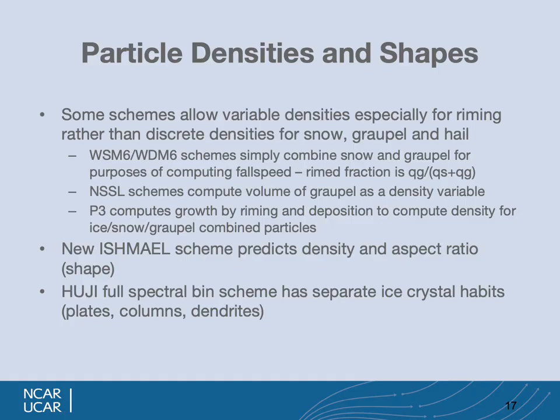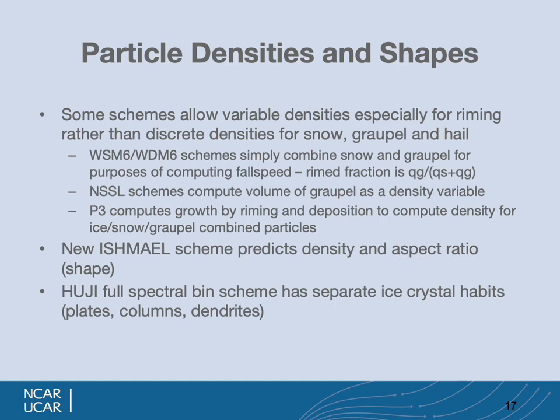The simplest way is in the WSM and WDM6 schemes, where instead of having separate fall speeds for snow and graupel, there is a combined fall speed for snow and graupel, assuming that if you have snow and graupel in the same grid cell, they really are a merged particle type which has the characteristics of both, rather than having two separate discrete particle types that fall at different speeds. So we have a combined fall speed, which is just a weighted fall speed, applied to both snow and graupel. So that's one way to try and have a more gradual fall speed for the different particles.